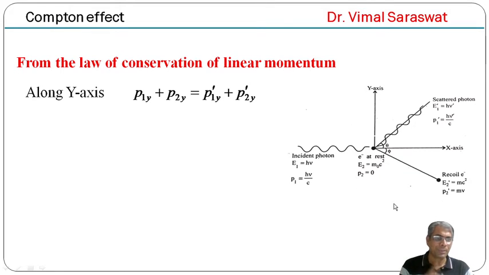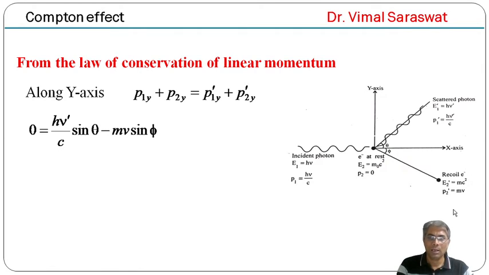So this will be mv sin φ, but if we take the component along the positive y direction, then this will be minus mv sin φ. So on applying the conservation of linear momentum along the y-axis, we get 0 = hν'/c sin θ − mv sin φ, or mvc sin φ = hν' sin θ.